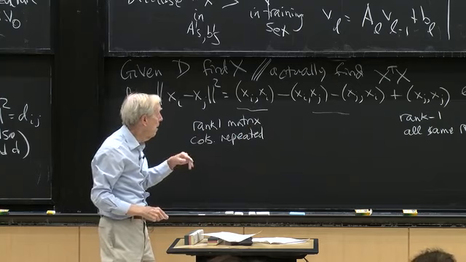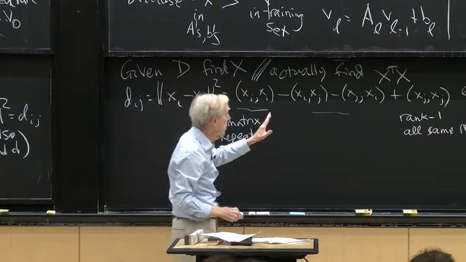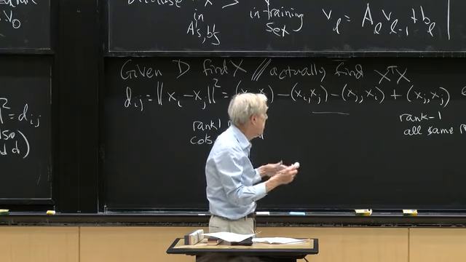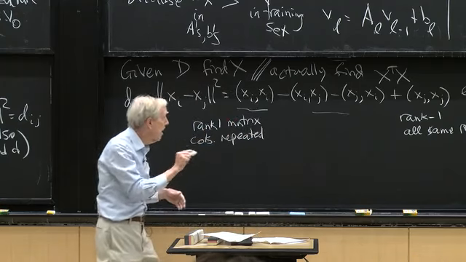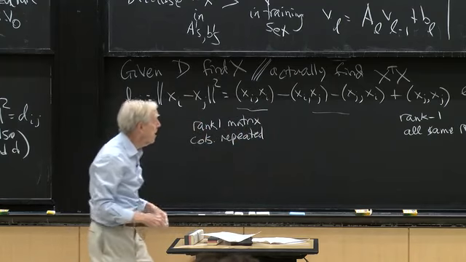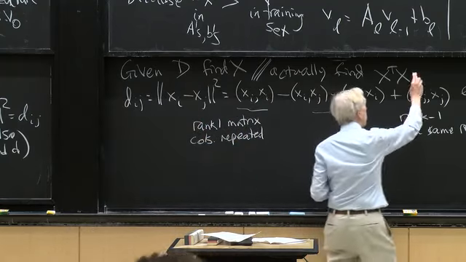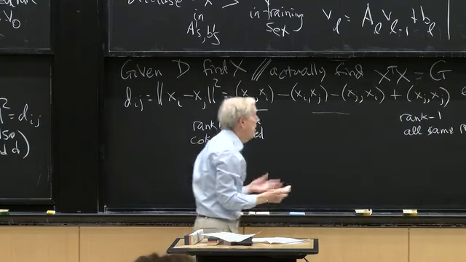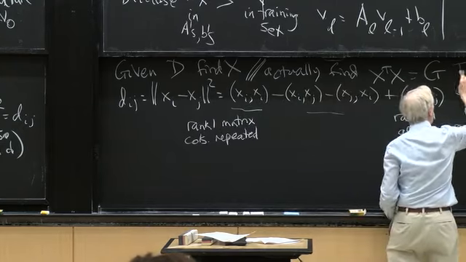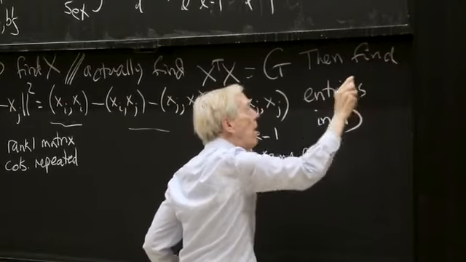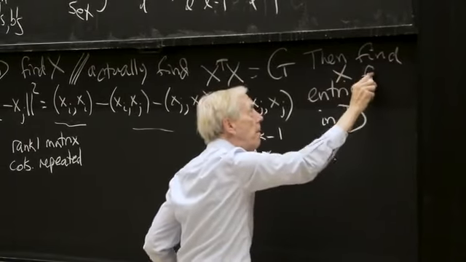So I would like to discover out of all this what Xi dotted with Xj is. That'll be the correct dot product. Let's call this matrix G for the dot product matrix, and then find X from G.